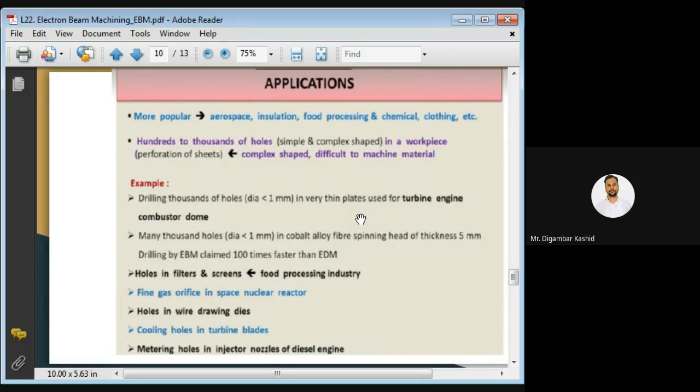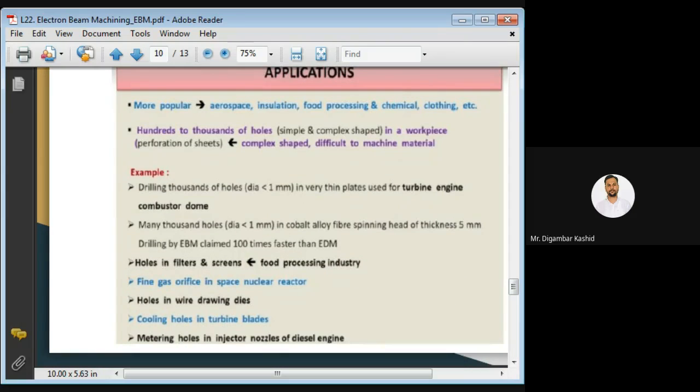Then metering holes in injection nozzles of diesel engines can be made by using this electron beam machining process.